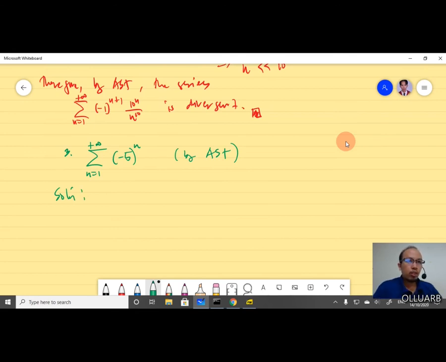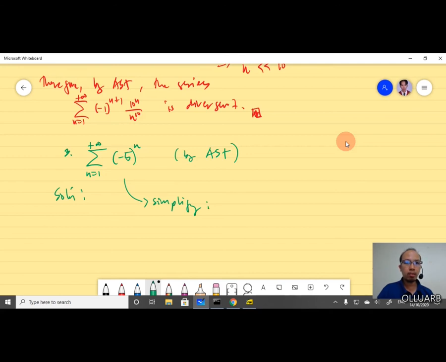Notice that it is not visible in this form in the given that the quantity of -1 to the n, or the quantity -1 to the n plus 1 is present. So we can simplify this first, so that it is clear that this is an alternating series.